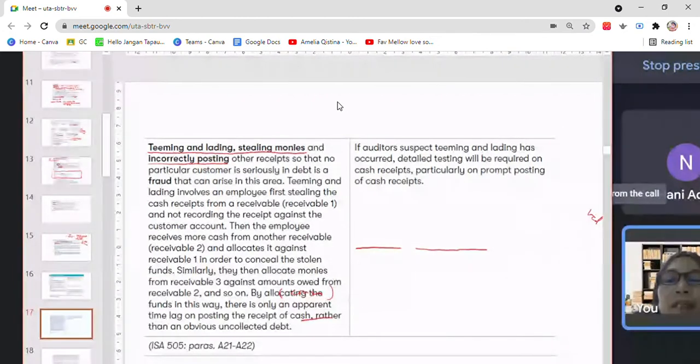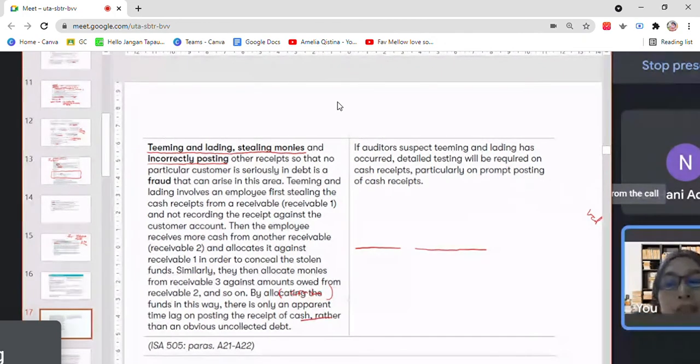Stealing monies and incorrectly posting the receipt so that no particular customer is seriously in debt is fraud. So there may be collusion between the client, the company, and the account receivable, who discuss together to show that the amount owed is reduced.